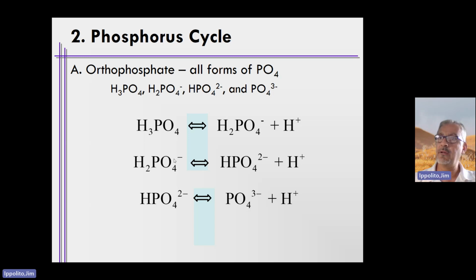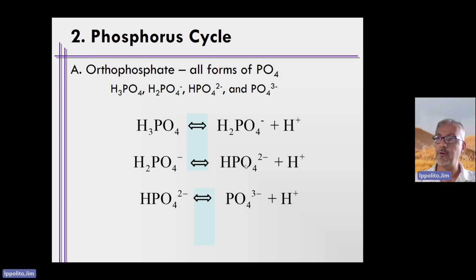This reaction continues where H2PO4 with a -1 charge can also lose another hydrogen ion if the pH is increased. And now you have HPO4 2- with this free hydrogen ion that's likely neutralized somewhere.